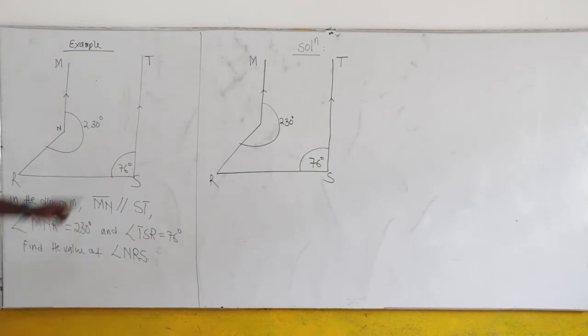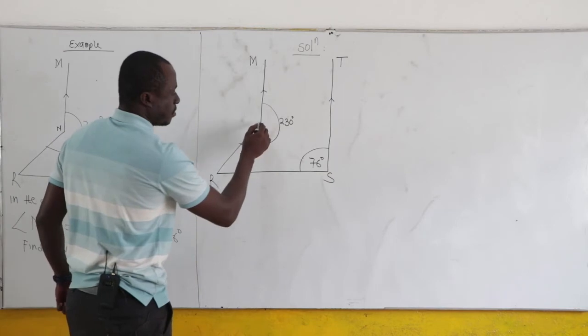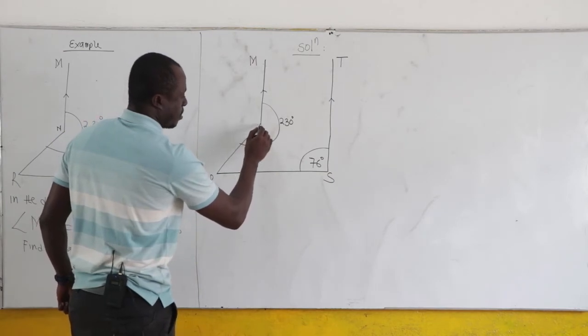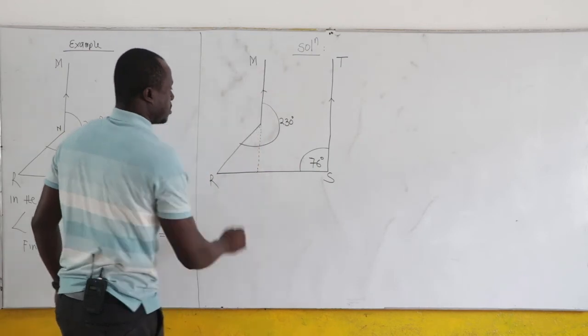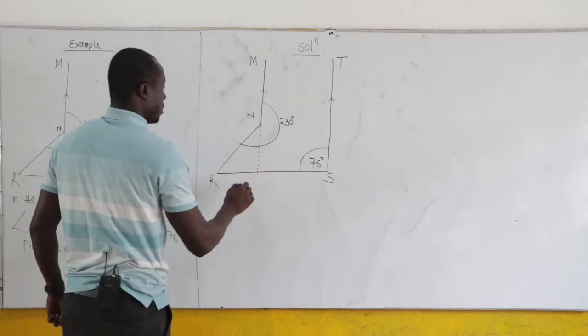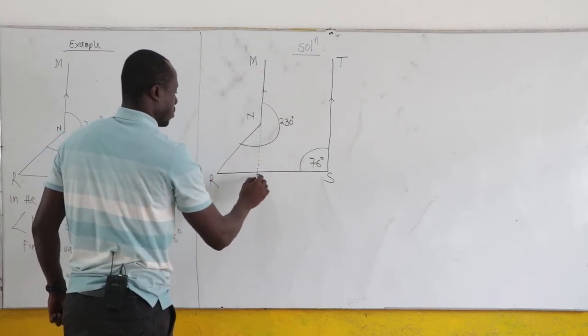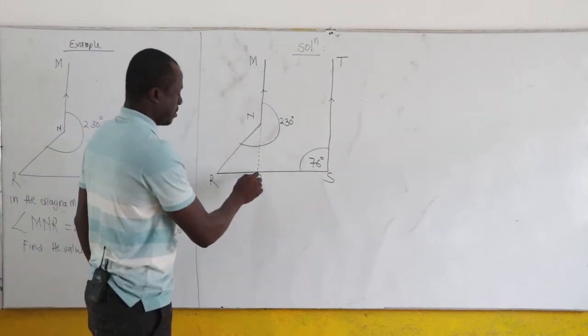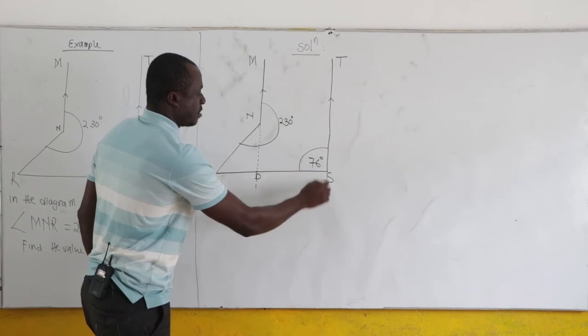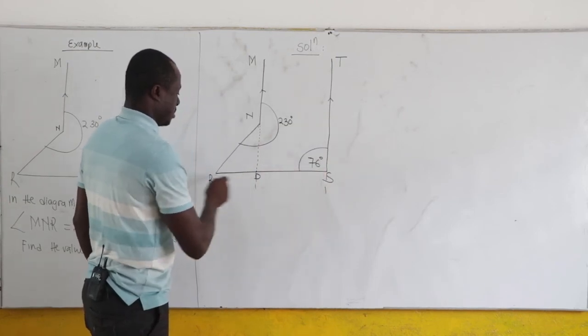Now, because this line is parallel to this, we can extend all the parallel lines. So I've redrawn it here. There's a parallel line, and because it's a parallel line, we can extend it, with short dashes. Now let me call here probably P. Because I have extended this, I can extend this too.